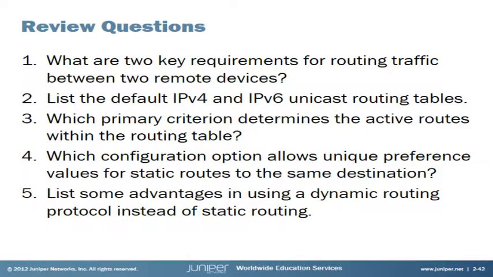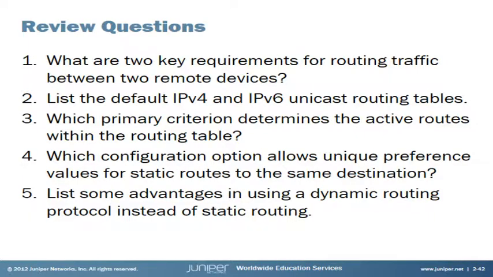All right, list the default IPv4 and IPv6 unicast routing tables. What is the name of the default IPv4 unicast routing table on a Juniper system? Exactly, inet.0, and the other one is inet6.0.